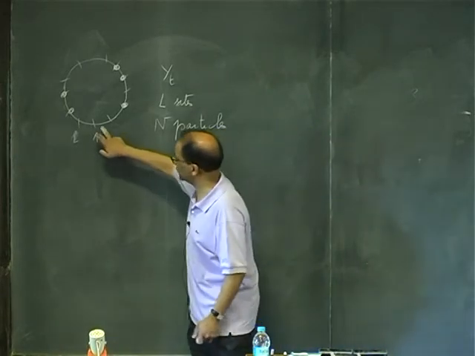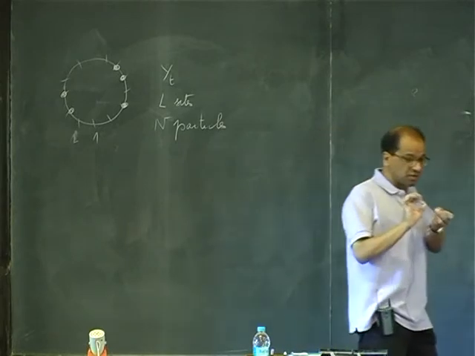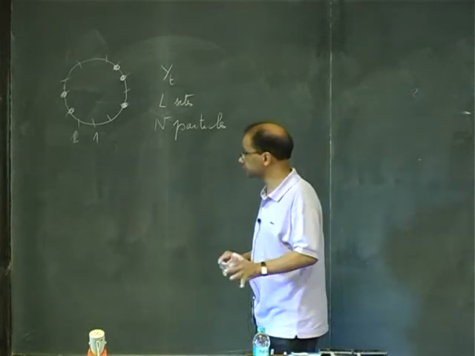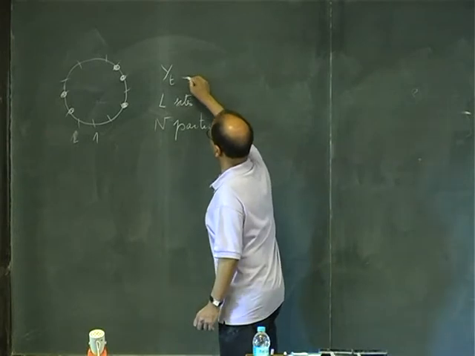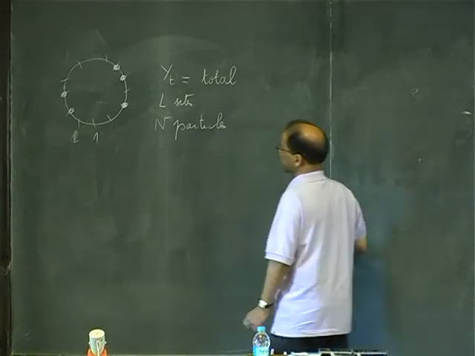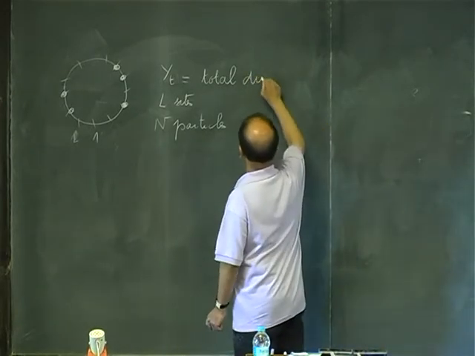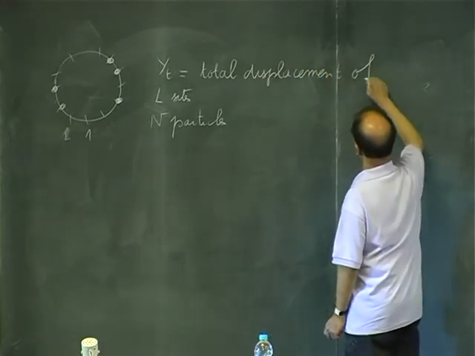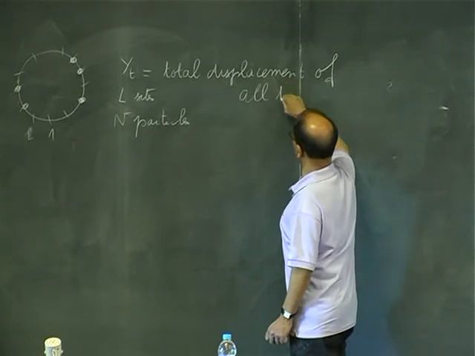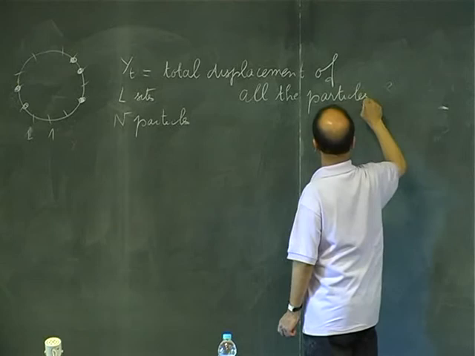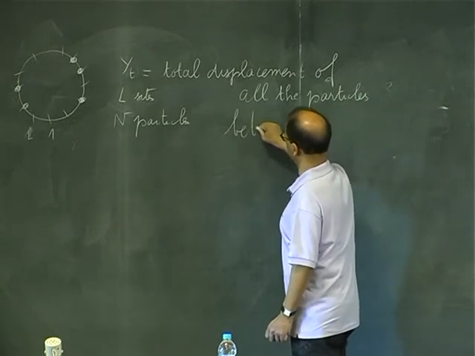But if you sit here and look here, you will somehow introduce a non-homogeneity in your system, which is a source of technical difficulties. It can be done. So I will call YT the total current. And what is the total current? It is the total displacement of all the particles between time 0 and t.